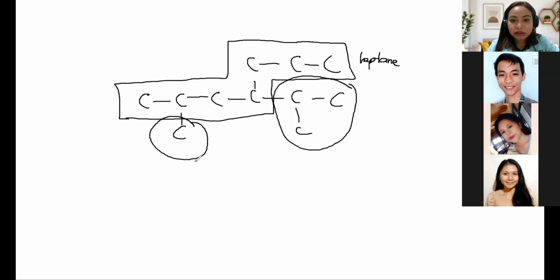How many carbons are there in this attachment? Just 1. So what is the prefix for one carbon? Meth. Not ane, because it is an attachment, so we add YL. Methyl.